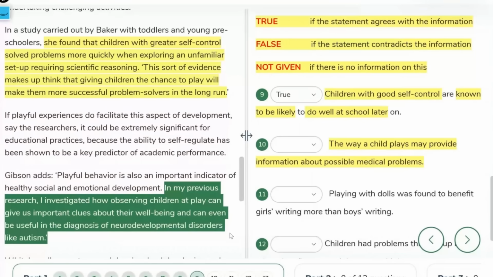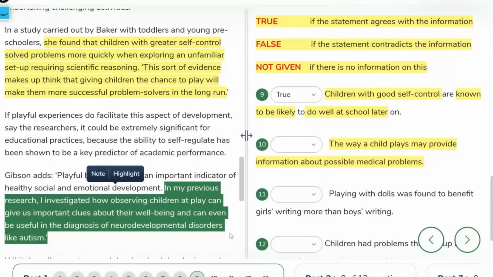So, what is the answer? Come on, everybody. The way a child plays may provide information about possible medical problems. And he says, I investigated how observing children at play can give us important clues about their well-being and even useful in the diagnosis of diseases.